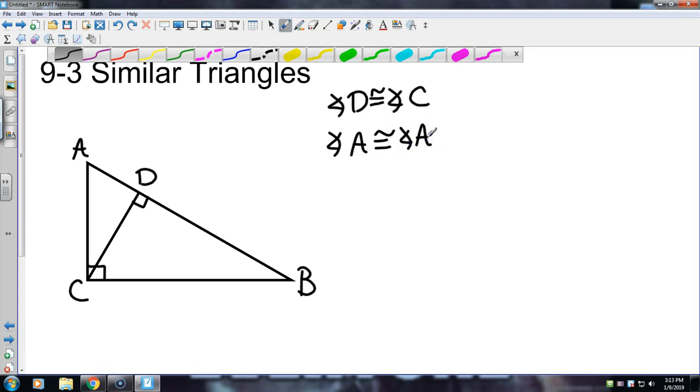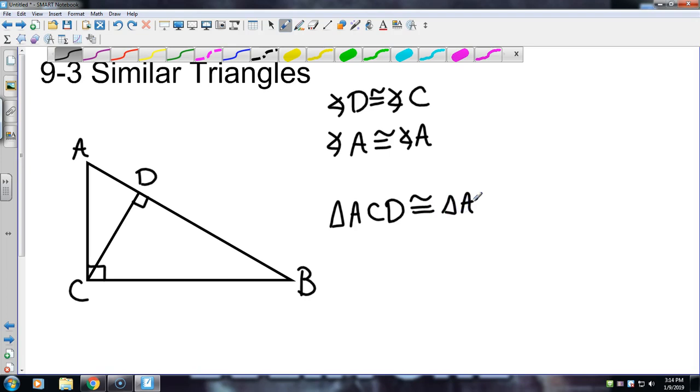Okay, so I'm going to take the small triangle, and because I like to alphabetize, I'm going to call it triangle ACD. And if we're going to make a similarity statement, I go back to the information that I just put up above. I know that A is congruent to A, so that has to be the order of that.